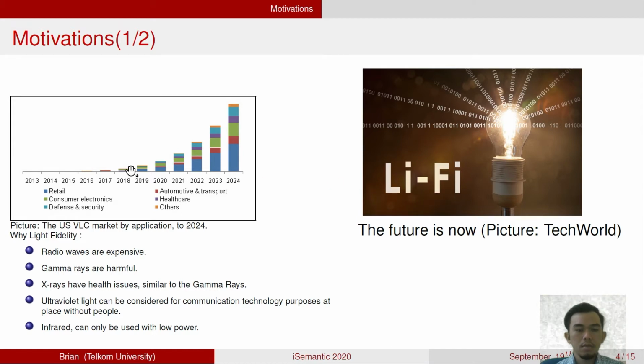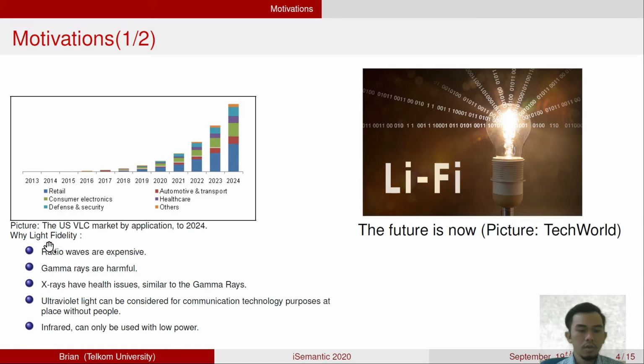The bandwidth needed every year is increasing, and we know from this picture that it will grow exponentially, and in 2024 is the peak of communication electronic with green section, and Wi-Fi is one of the electronic.